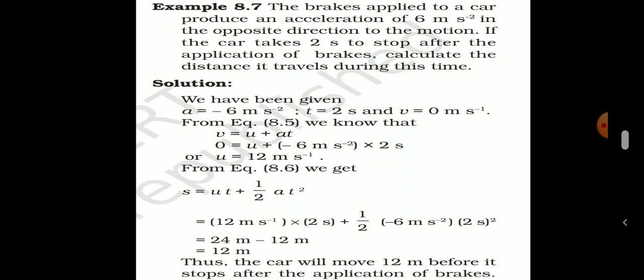So s is equal to ut plus 1 half at square. Just substitute the values, and you will get the distance traveled by the car is equal to 12 meters. This is how we can use these Newton's equations of motion to solve numericals.